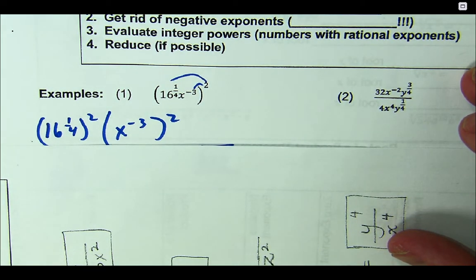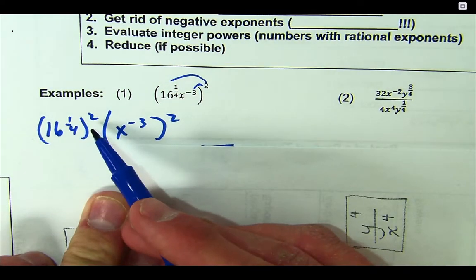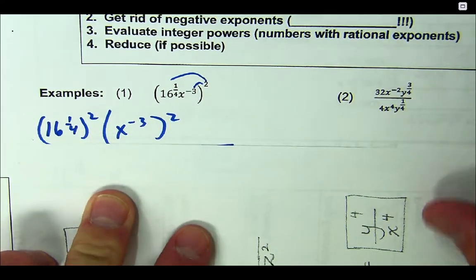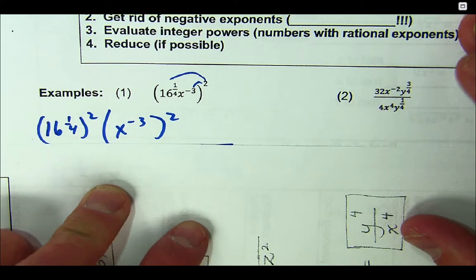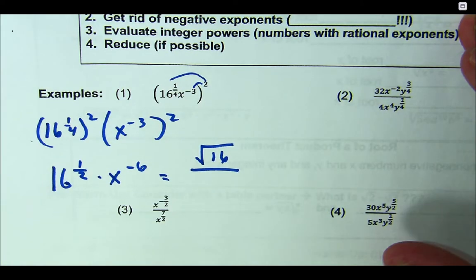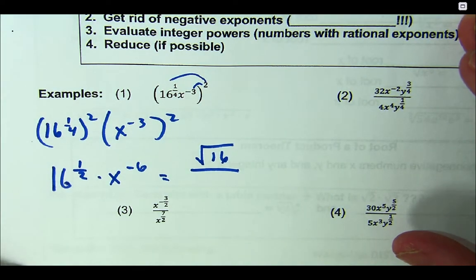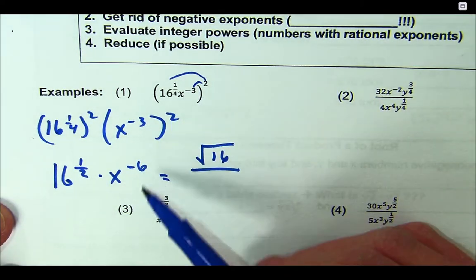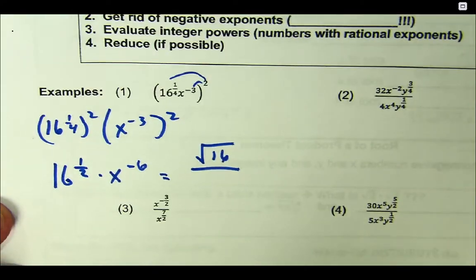So both of those terms get squared, and in both of these cases you have power to a power, and remember, for power to power you multiply. So you do 1/4 times 2. 1/4 times 2 is 2/4, but 2/4 as a fraction simplifies into 1/2. And power to a power, 2 times negative 3 is negative 6.